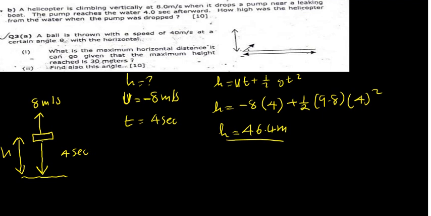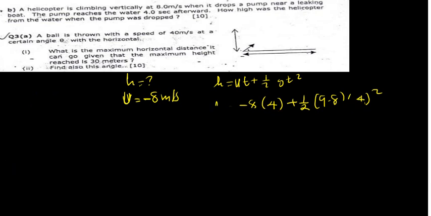Let's consider the one which follows. A ball is thrown with a speed of 40 meters per second at a certain angle theta with the horizontal. So like that. With this, now they've told us the velocity. We've thrown this ball with a velocity of 40 meters per second.